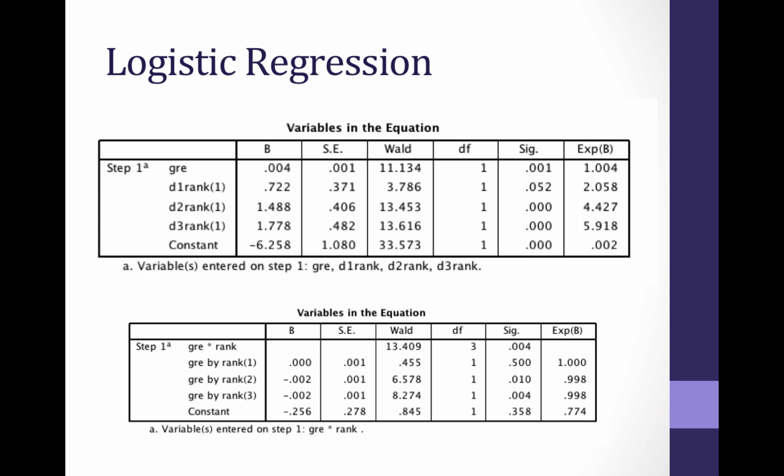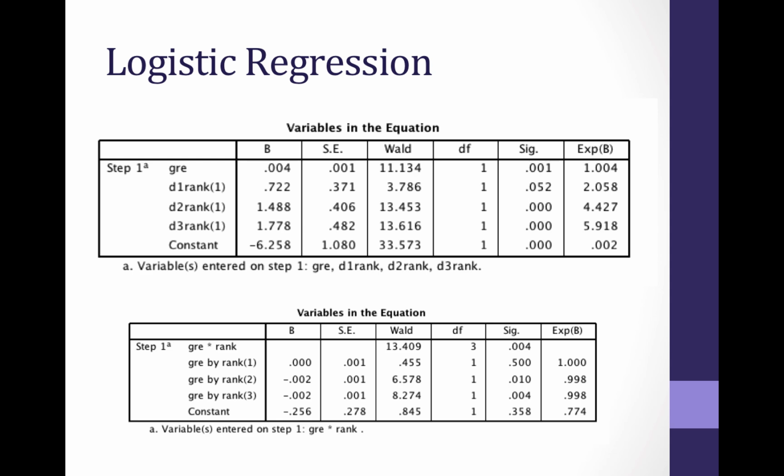So based off of the dummy codes, the first dummy-coded variable has rank 2 coded as 1, which is whether or not one gets admitted if their undergraduate college is ranked as a 2. And the percentage of people who get admitted if their college is ranked as a 2 is 27.8%. The second dummy-coded variable has rank 3 coded as 1, and the percentage of getting admitted into grad school is significantly higher at 48.8%.